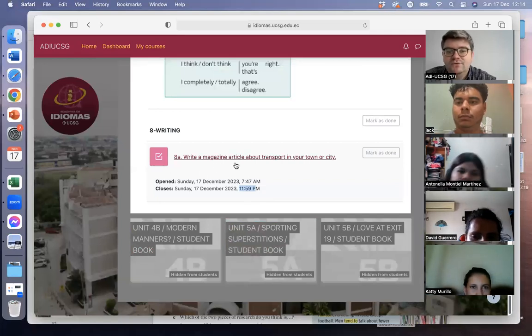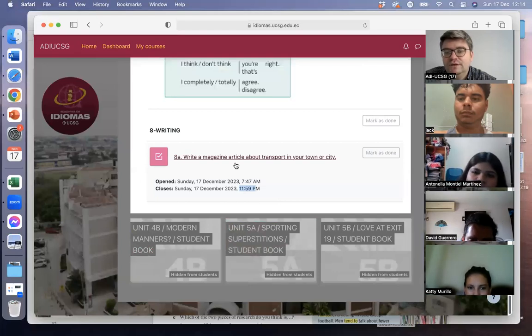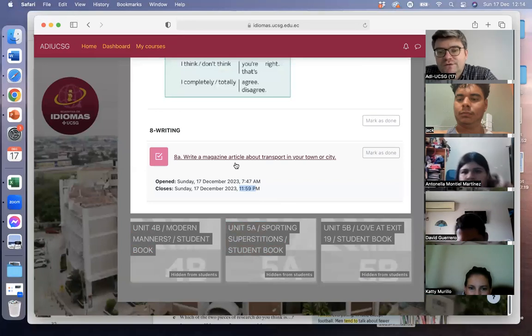So we need to write a magazine article about the transport in your town or in your city. Okay, so use the vocabulary that we learned and practiced in this specific unit talking about transport. Explain what kind of transport we have in Guayaquil or in your city or in your town.